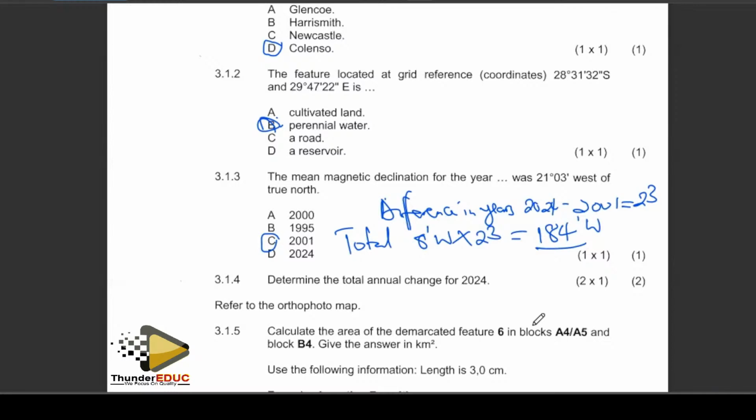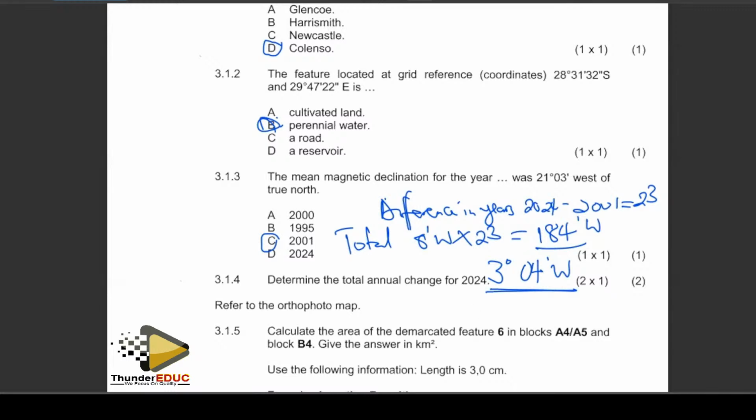So it means it's 3 degrees and 4 minutes to the west of true north. That is the total change for 2024. The angle has changed by a further 3 degrees and 4 minutes to the west from the initial angle that was there in 2001. Right.